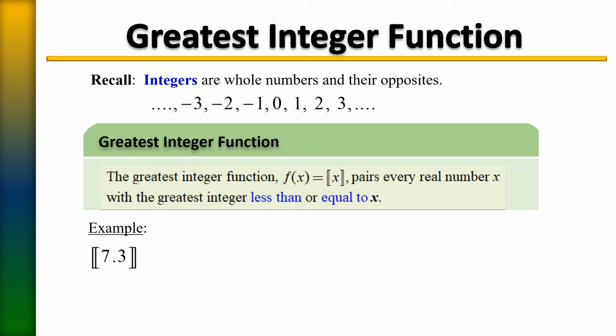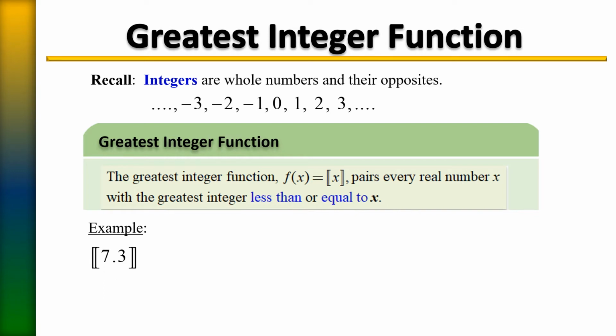For example, here, find the greatest integer of 7.3. You want to look at what you're going to spit out. It's going to be an integer. We're given a decimal, and the output has to be a whole number integer. It cannot be another decimal.